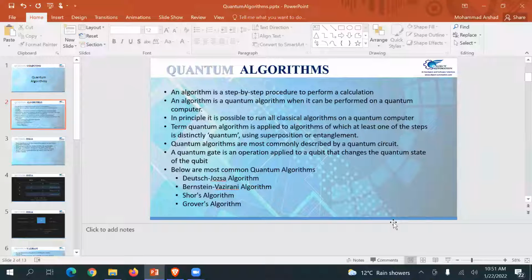Now comes the quantum circuit. So what are quantum circuits? In a classical computer, everything is based on circuits. Every operation you perform in a classical computer has an underlying circuit. Every operation goes with OR gates, AND gates, NOT gates, XOR gates or NOR gates.